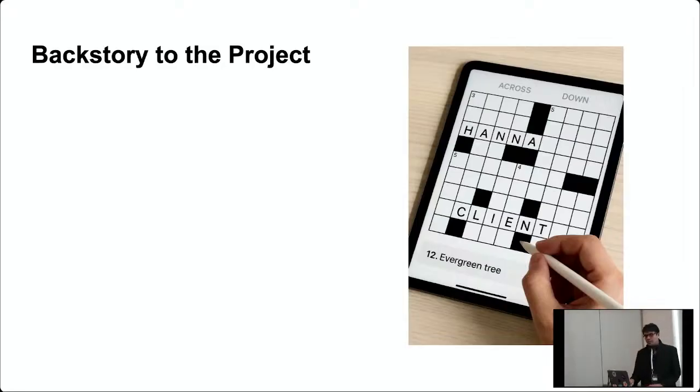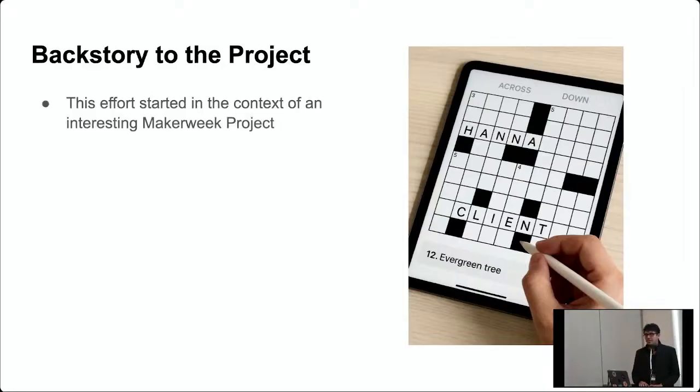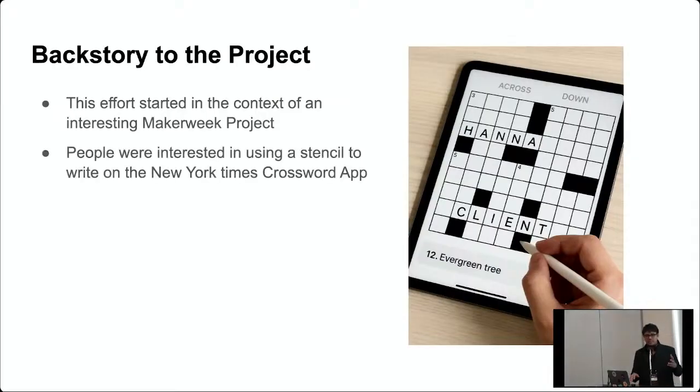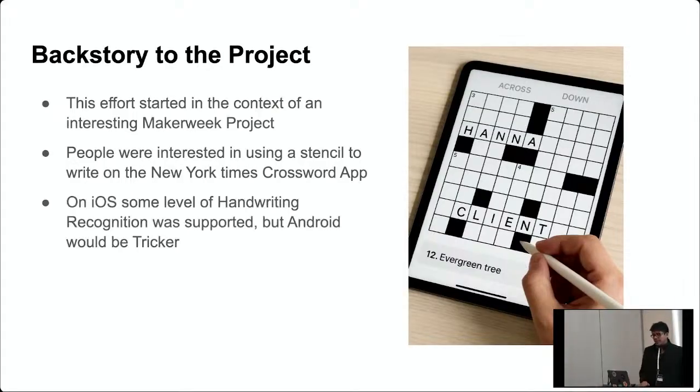So a little backstory to the project. This effort started as a part of what we call Maker Week, which is our internal hackathon that lasts for a week, where people can come up with interesting projects, interesting ideas, and potentially road-mappable projects. This was from a few years back, where people were interested in using a stencil to write on the New York Times crossword app.